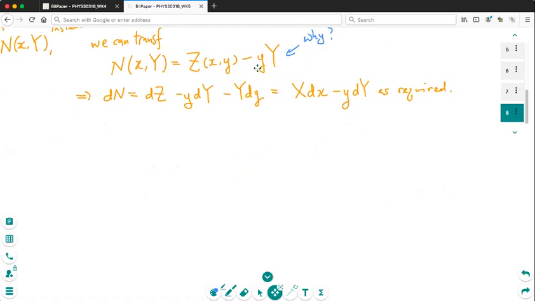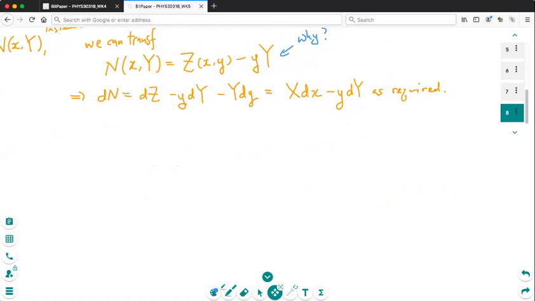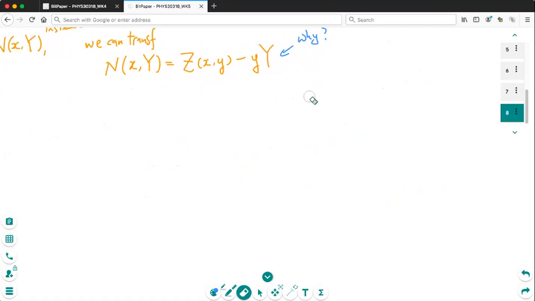In the next 5 minutes, we want to understand why we can do it like this. The reason is this. You can look at a curve given in the space of this coordinate system, big Z and little y.